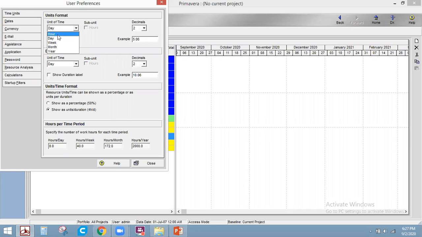If we go for a temporary project that may complete within a week or within 15 days, usually in those cases we will go for the week format. If a project completes within 10 or 11 months, we will go for the month format. If a project may take around 5 or 6 years, we will go for the year format. Usually, as regular practice, we will go for day. Got it?